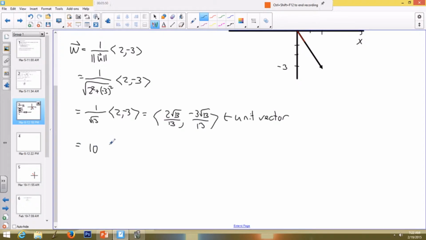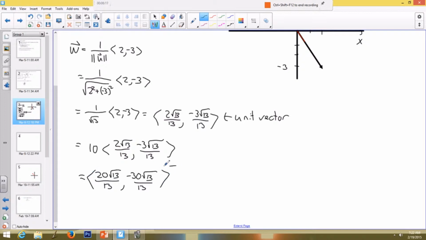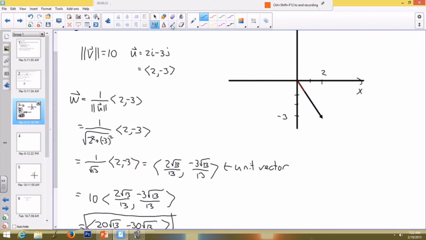I'm going to go 10 times <2 square root of 13 over 13, -3 square root of 13 over 13>, and my final answer is <20 square root of 13 over 13, -30 square root of 13 over 13>. I wish I could reduce that, but there's nothing in there that reduces. So that is my vector, the same direction as my original vector, except it is now 10 units long.